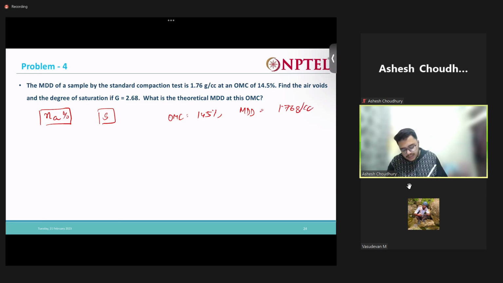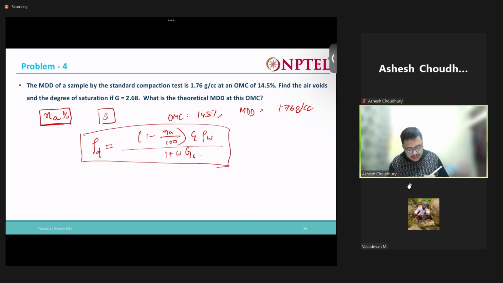There is a direct relation between dry density and the percentage air voids, which is 1 minus Na by 100. Please remember this relation between dry density and percentage air voids, Na.